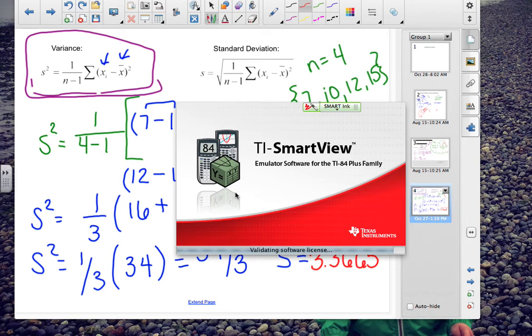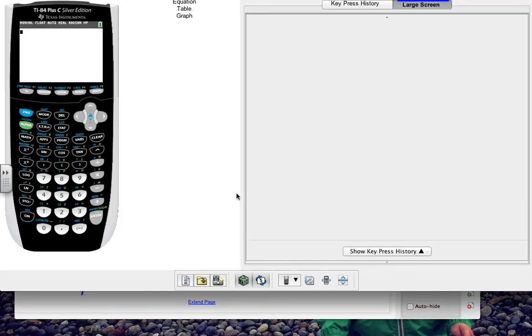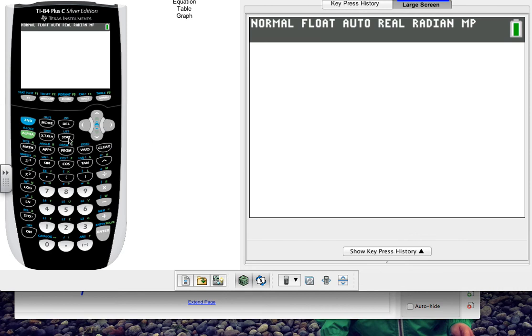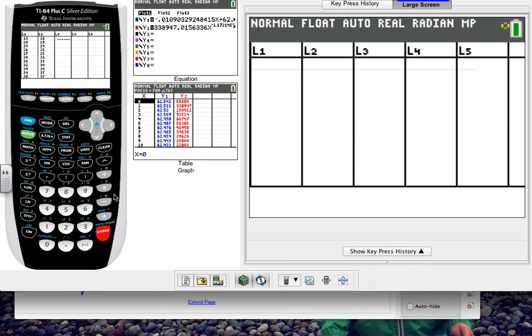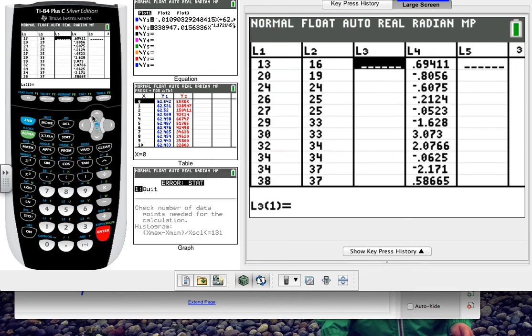So let's see if I can get it up really quickly. And then you should see some place on there that says SX. And I bet if you look at SX, it is the same as the value that we found for the standard deviation. At least I hope it is.